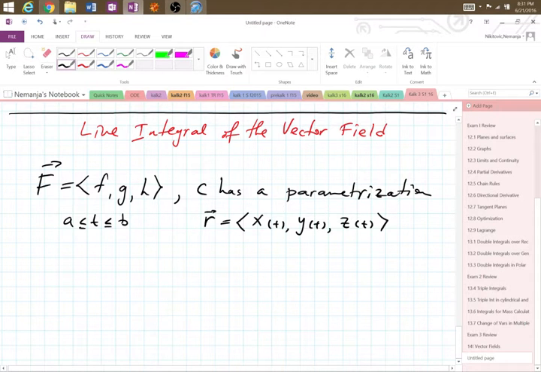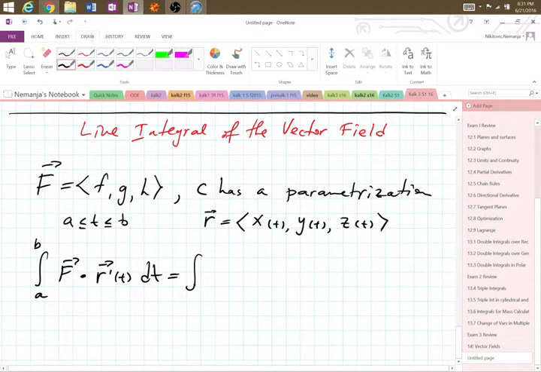So what are we having now? We're going to have the line integral. We represent this as a dot product now because these are all vectors. And you simply just distribute these.